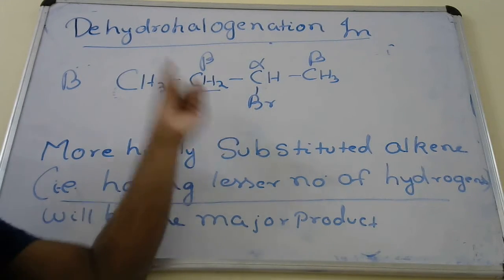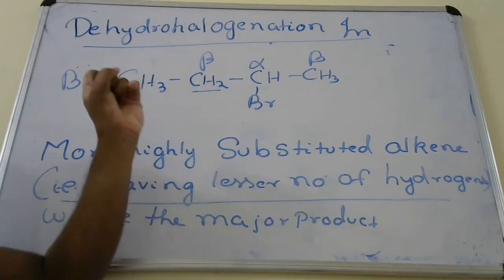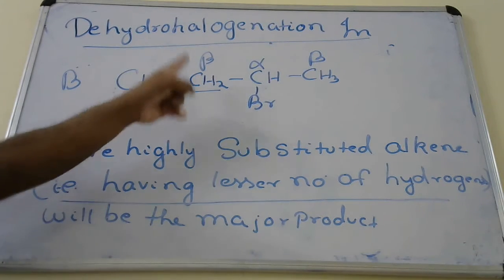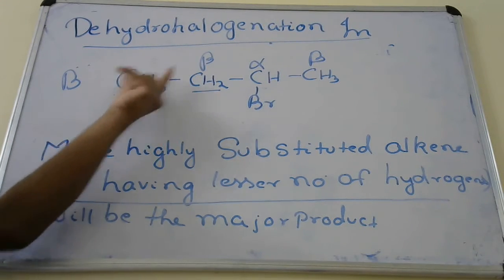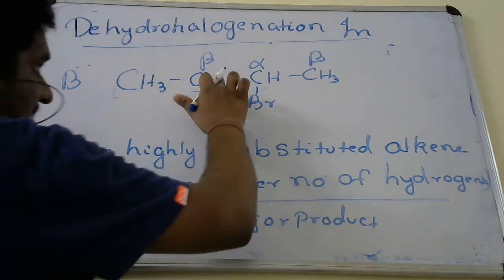That beta carbon having a lesser number of hydrogens, or that carbon which is more substituted. This beta carbon has more methyl groups attached, it is more crowded, and it has fewer hydrogens. So from that beta carbon the hydrogen will be eliminated.